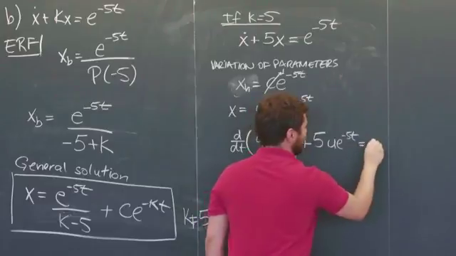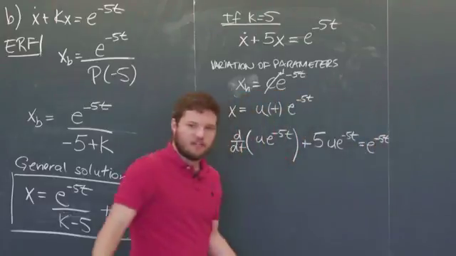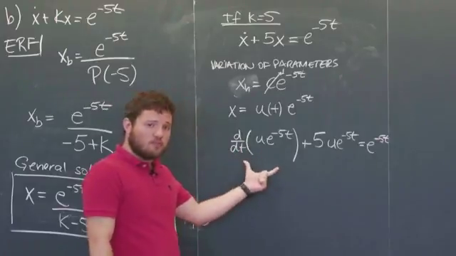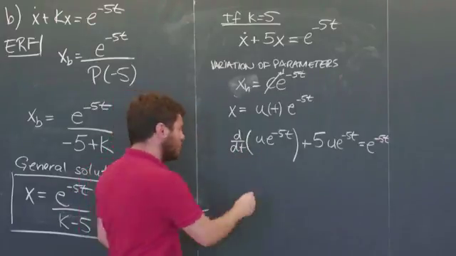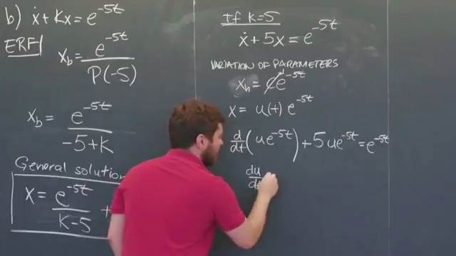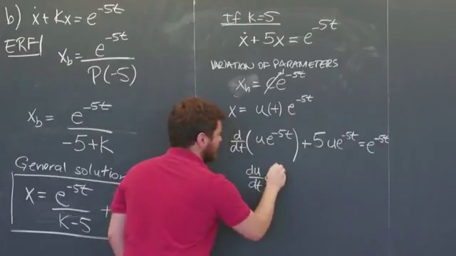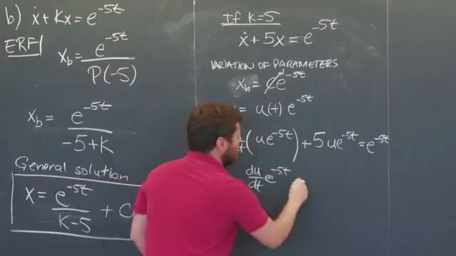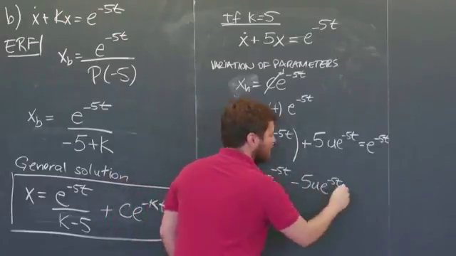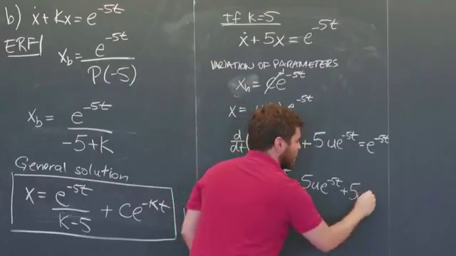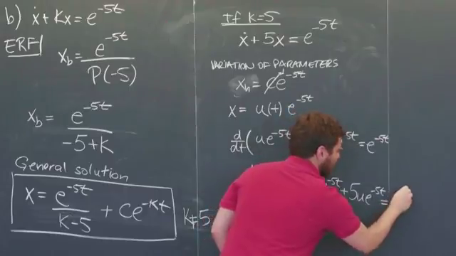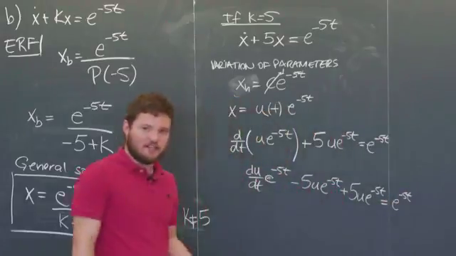And all of that has to be equal to e to the minus 5t, which is our right-hand side. Now, we use the product rule to simplify this term, which gives us du dt times e to the minus 5t. Then we get a minus 5u e to the minus 5t plus 5u e to the minus 5t. And all of this is equal to e to the minus 5t.